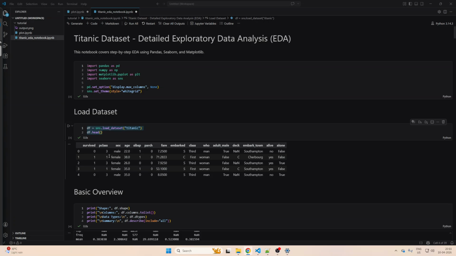There is 1, 2 and 3 class, whether they are male or female, their age, whether they have siblings or spouses traveling with them, whether their parents or children are traveling with them, the fare they have paid, which port they have boarded from. There are 3 ports.